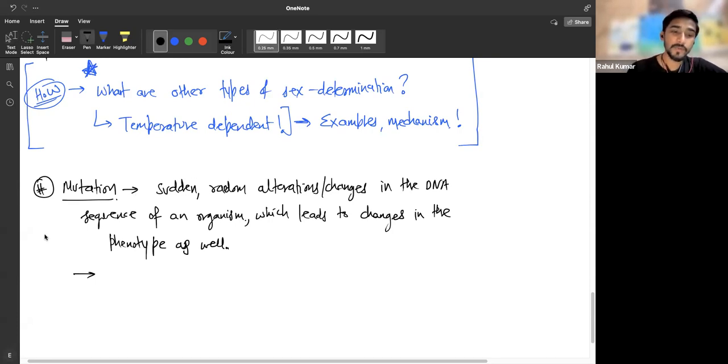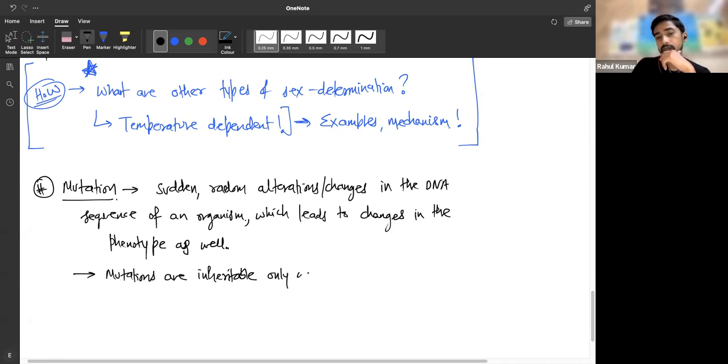So write down, mutations are inheritable only when it takes place in the gametes or are carried by the gametes.